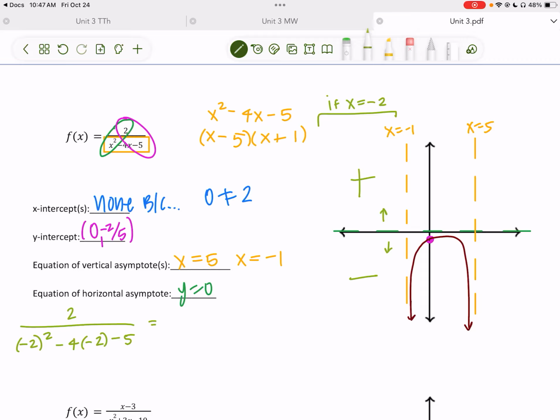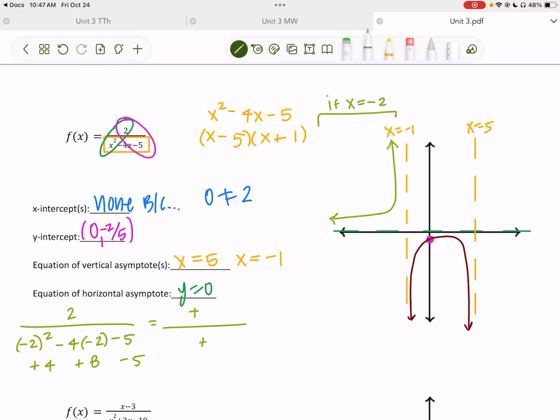So that 2 is positive. This will be +4, +8, -5. That's also positive. So that tells me that my curve is going to be up here. I know that that's the shape because these are functions and they continue forever and they're going to continue to approach those dashed lines but never touch them.